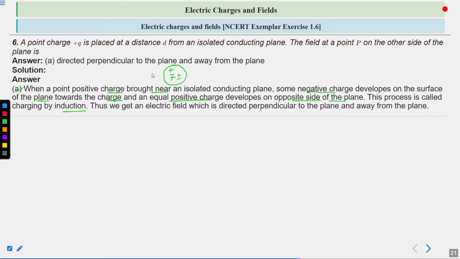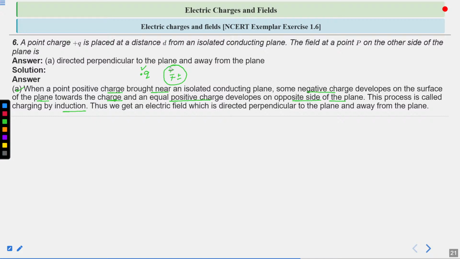Clear? Now a positive charge Q is brought near this conducting sphere, or we can say a plane.